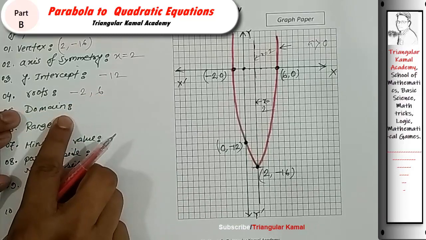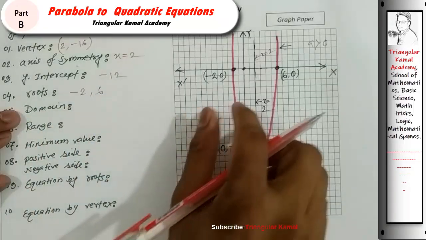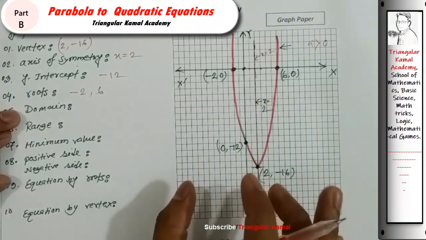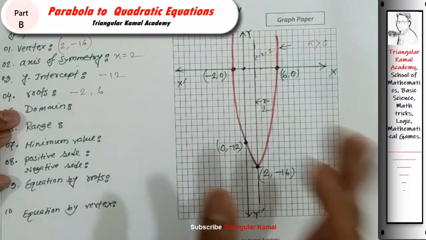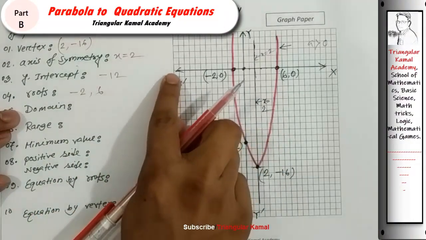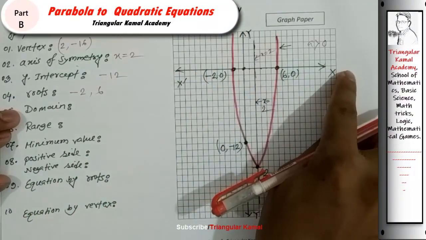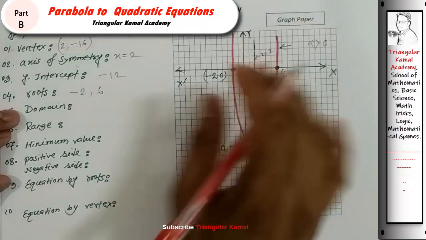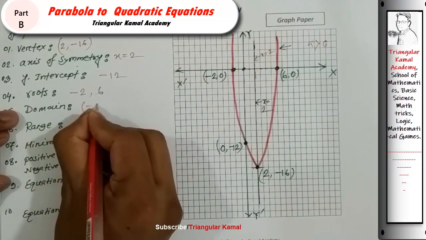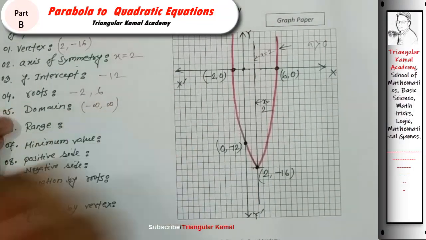Domain of the equation means for which values of x we can define the parabola, that is, we can find the value of y. For any values of x from minus infinity to plus infinity, we can find the positive or negative value of y. So the domain will be minus infinity to plus infinity.